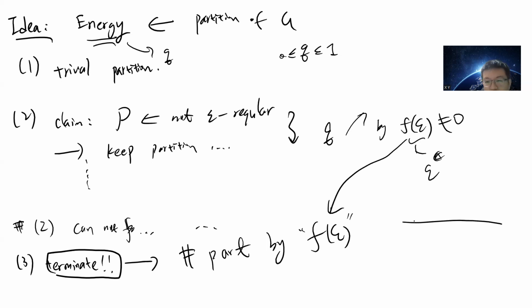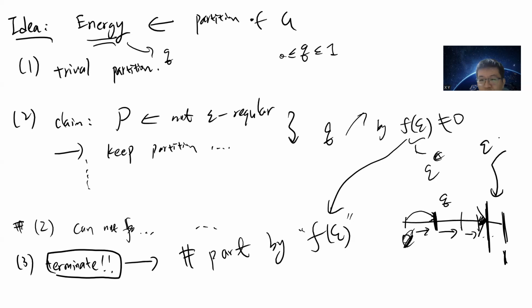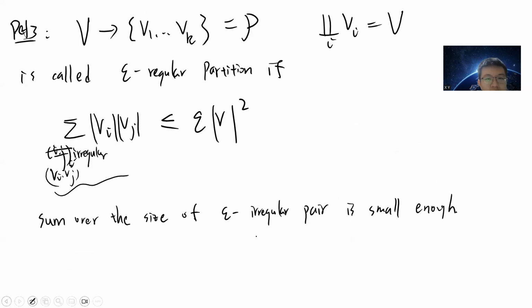So the idea is that you define some energy Q, and every time you repartition, if it's epsilon irregular, the energy will increase. If it's still not epsilon regular, you keep increasing, but there is a 1 here, so up to some step this repartition will terminate. Since it terminates, that point must be an epsilon regular partition. Okay, so this is the statement, and maybe in the next video I will give the proof.